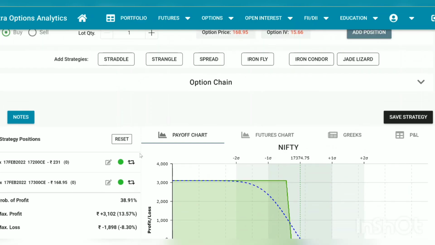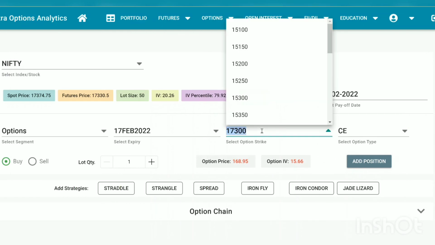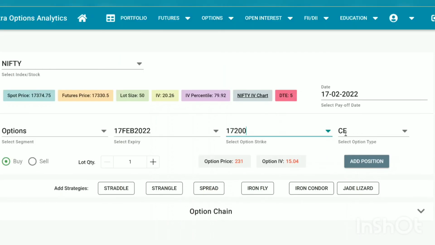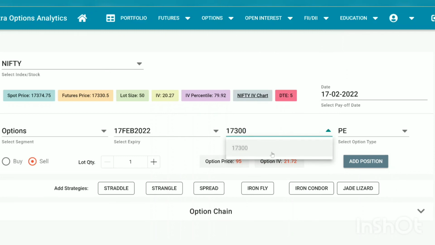Let's say we want to create a risk-free strategy, iron fly or something like that. So what we can do is, let's say, we'll sell the 17,200 put option, I will add that position, and the 17,300 call option I will sell, and add this position as well.